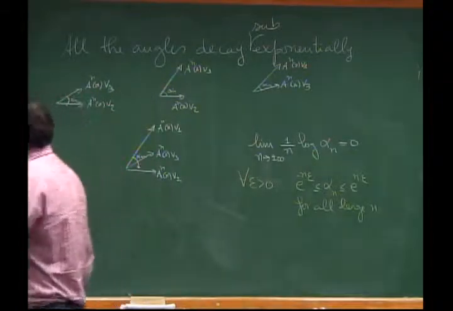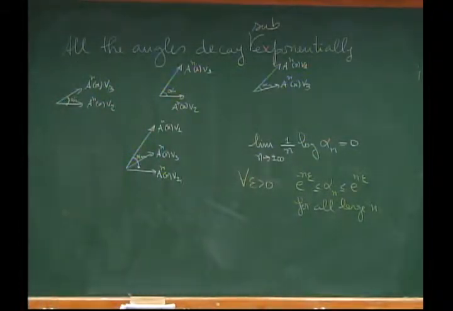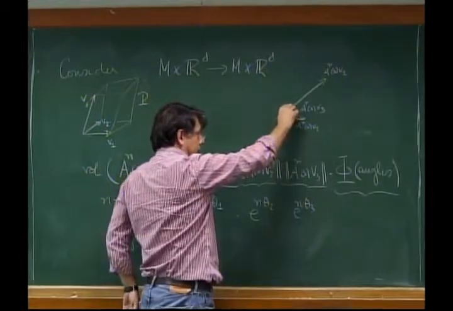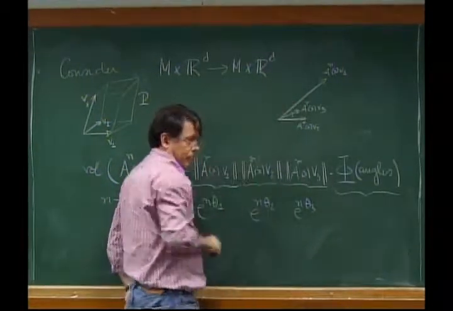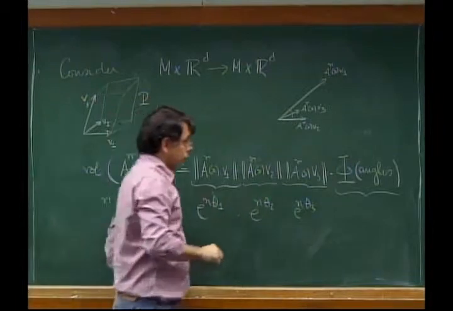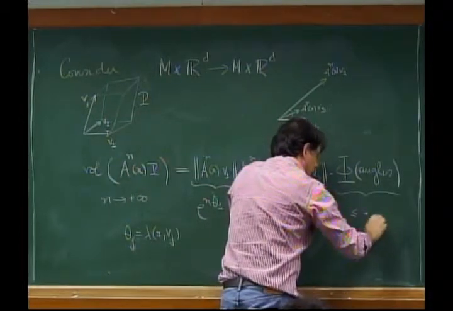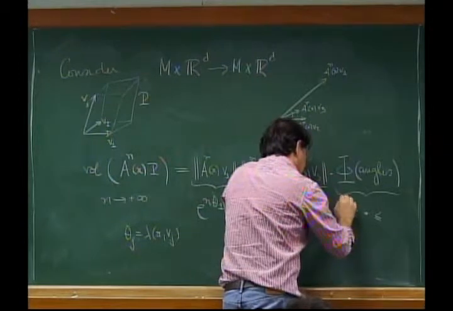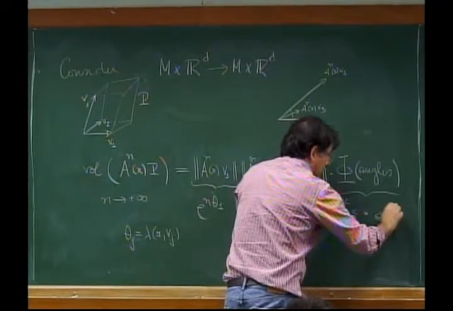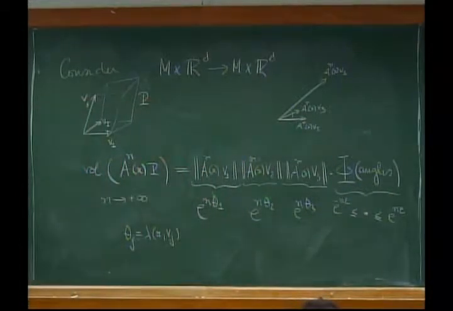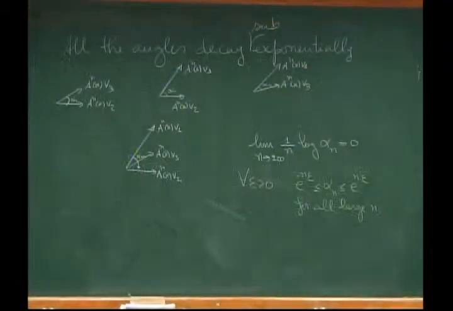So the angle between the two vectors in the base is sub-exponential, the angle between the base and the third vector is sub-exponential, and so on. This implies that this expression here is between e to the minus n epsilon and e to the plus n epsilon. Maybe not the same epsilon, maybe 5 times epsilon, but it's sub-exponential.